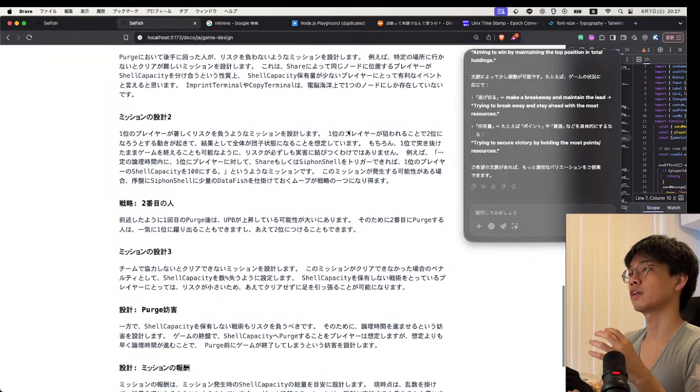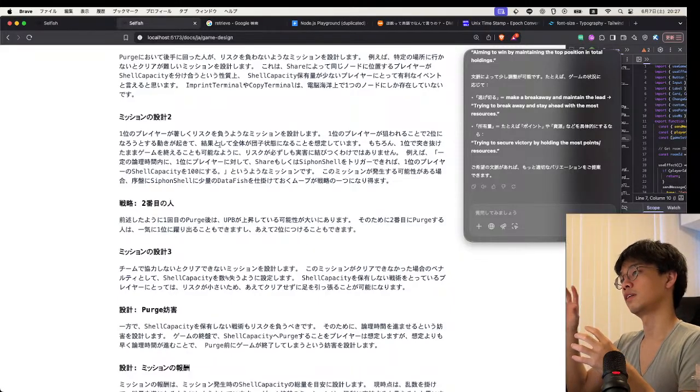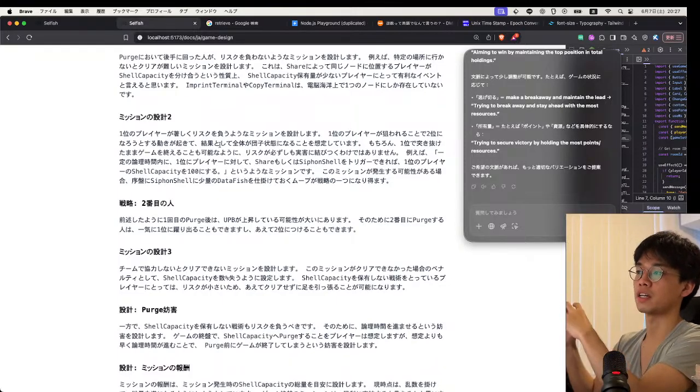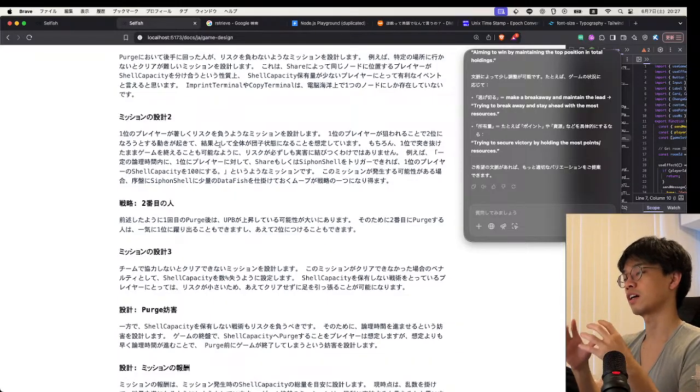So I call it risk. The risk does not always result in a penalty, right? There is a huge risk, but the player can avoid the risk.